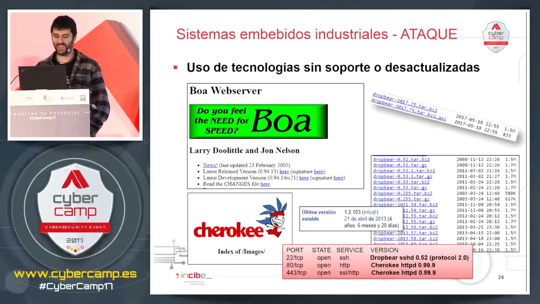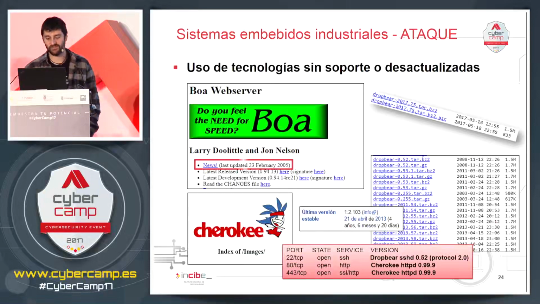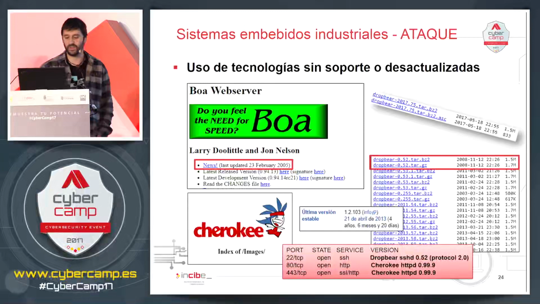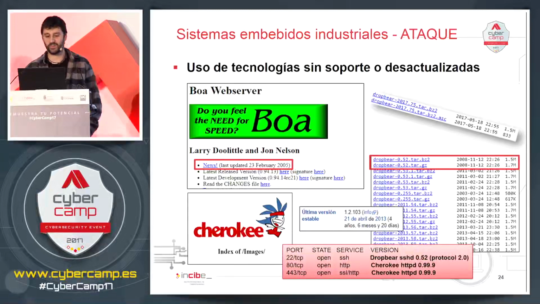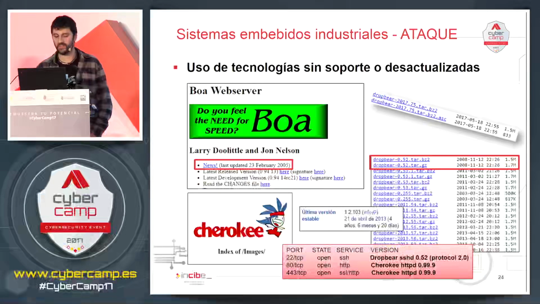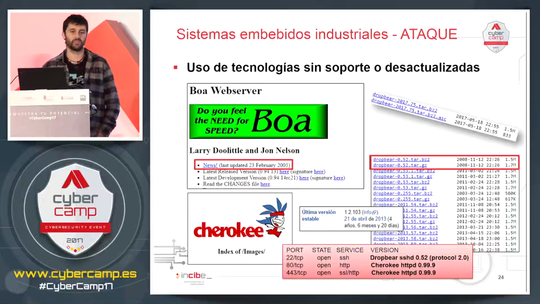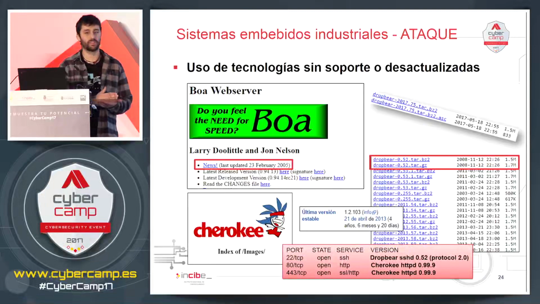There's the Cherokee 1, and the last version of Cherokee was April 21st, 2013 in Drop Bear. February 23rd, BOA server 2008, and release in 2017.